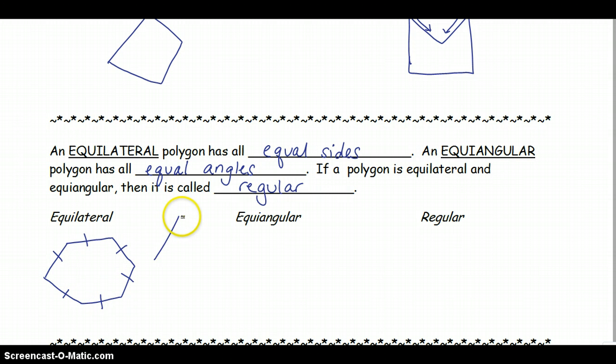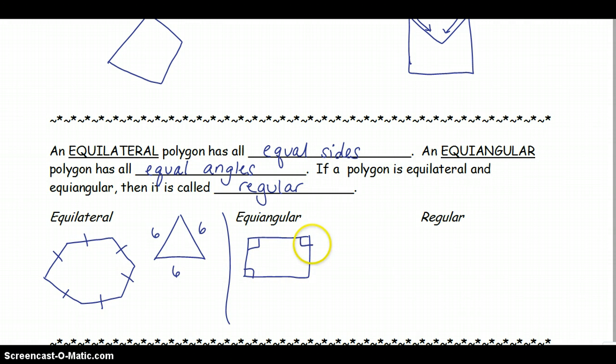Or you might see a shape, this would be equilateral, maybe where all the sides are 6, something like that. Equiangular is where all the angles are going to be equal. So you might see a shape like this where all the angles maybe are all right angles. Or in a triangle you might just have all little arches to show that their angles are all equal.